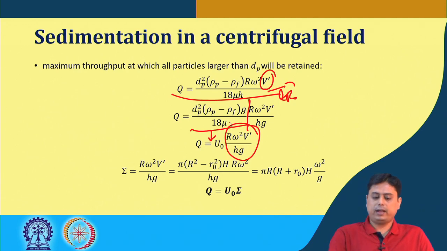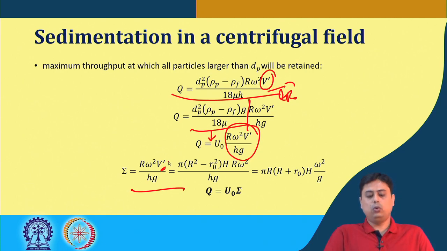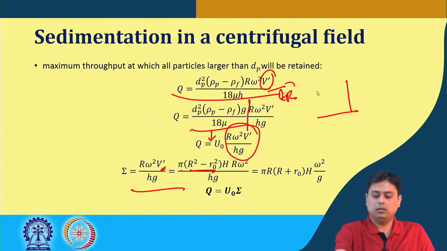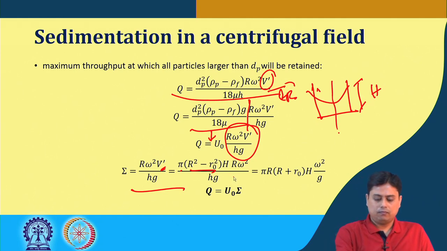Now, this capacity factor, if we expand the V prime, which is the volumetric hold up of the liquid, is nothing but pi times the radius difference, R square minus r0 square, multiplied by h. H is the axial depth of this liquid, because this is the volume of that liquid film that it travels, and this is multiplied by r omega square divided by h g.